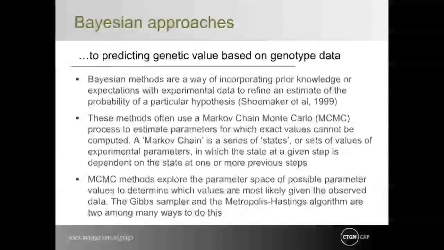Exploring the sample parameter space requires methods that move from one state to another in an efficient way. The Gibbs sampler and the Metropolis-Hastings algorithm are two among many ways to do this.